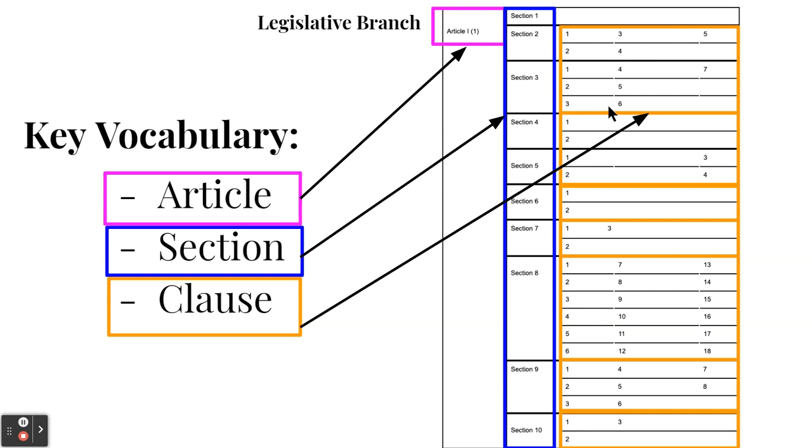Section 3, 7 clauses. Section 4, 2 clauses, right? That's why those numbers are helpful on that textbook view. Okay, and just by glancing at it, you can tell me the longest section is probably Section 8 because it has 18 clauses.